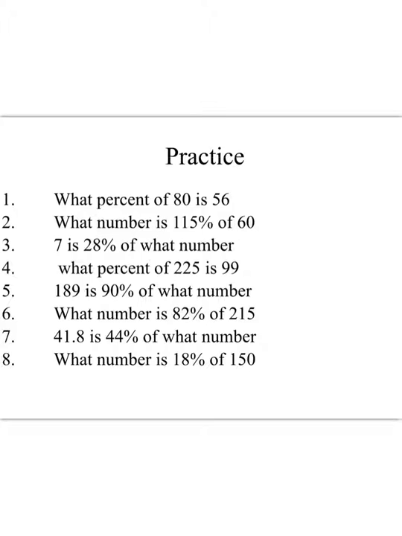Number 6 is 176.3. Number 7 is 95. And number 8 should be 27. If you have any specific questions on any of those 8, I'm more than happy to help you.